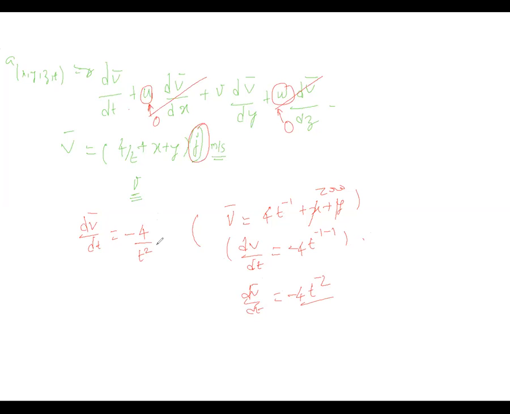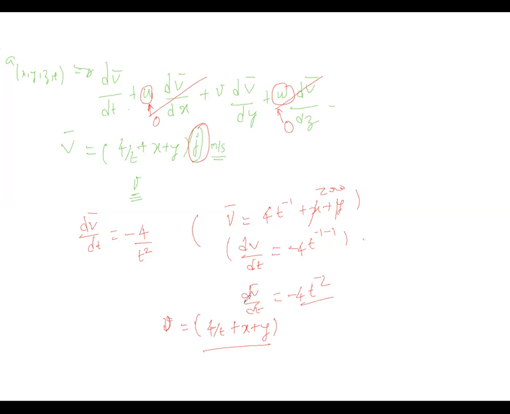Then for the remaining values, the v vector is 4 by t plus x plus y.